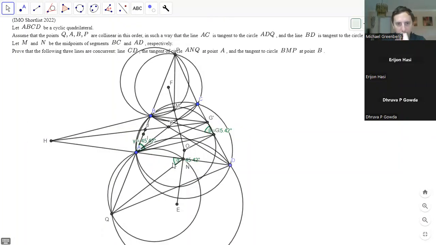Yes, we want, what do we want? We want angle G prime BC equals GAD.